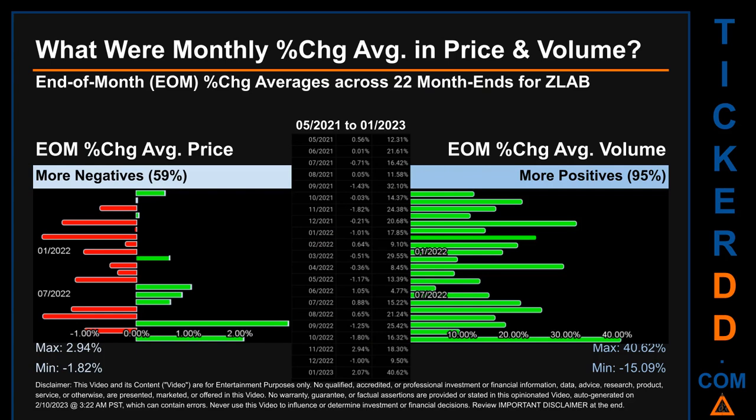That is 95% of month ends saw a positive percentage change in average volume. Price saw an end-of-month max of 2.94% in average percentage change along with a minimum of -1.82%. For volume, the maximum and the minimum monthly percentage change were respectively 40.62% and -15.09%.